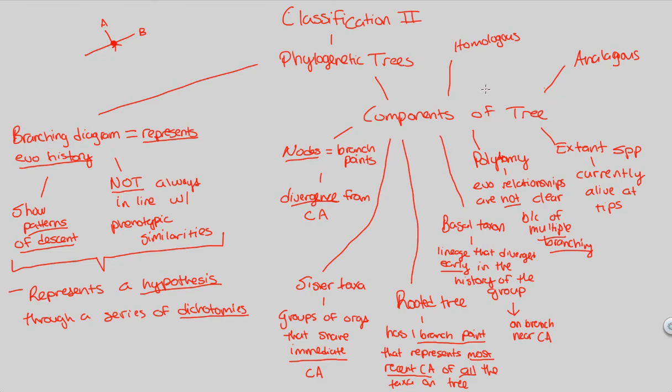If something is homologous, we would say that this trait that is being shown, this homologous trait, is similar due to shared ancestry. There's a common ancestor somewhere. This is very, very important to understand: there is a common ancestor that is shared, and thus the trait is homologous.